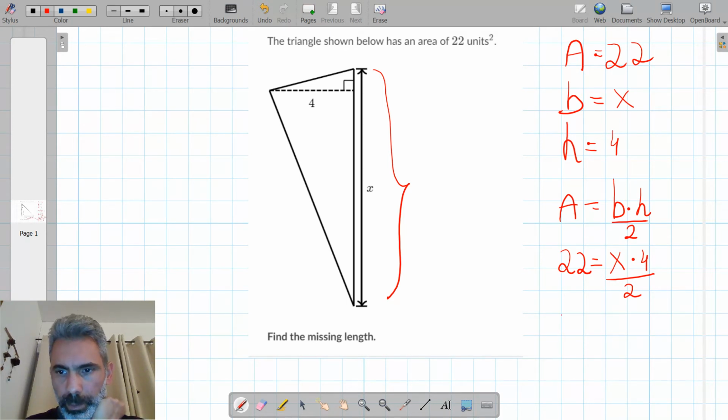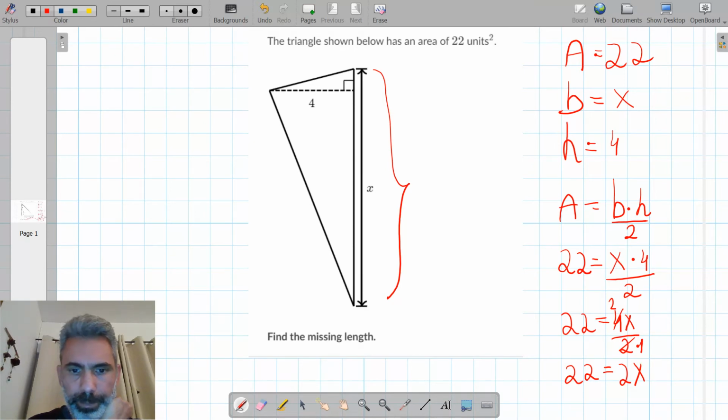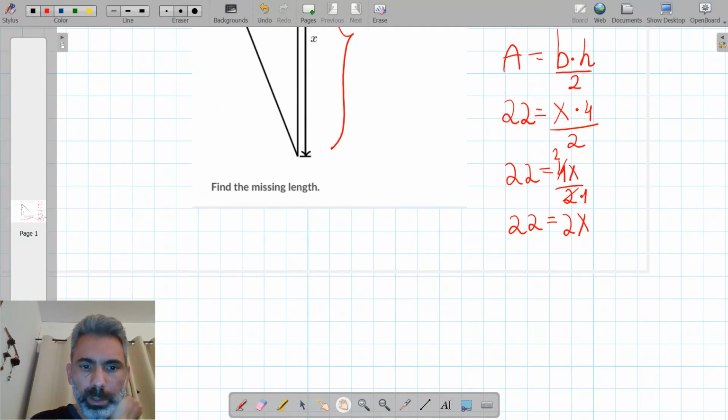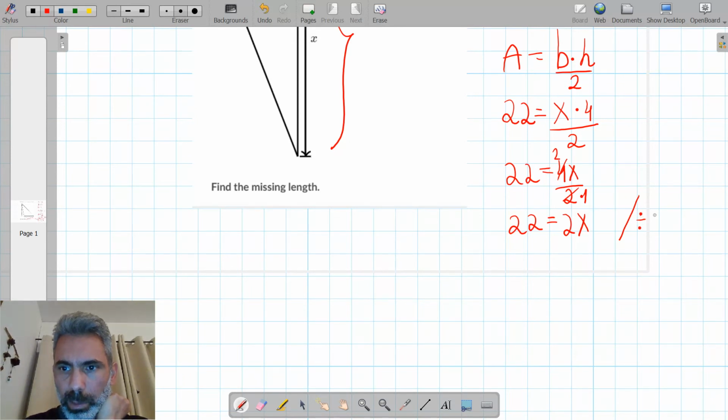So 22 equals 4x divided by 2. I can simplify this, 2 divided by 2 is 1, 4 divided by 2 is 2. So 22 equals 2 times x. So to isolate the x, I need to divide both sides of the equation by 2.